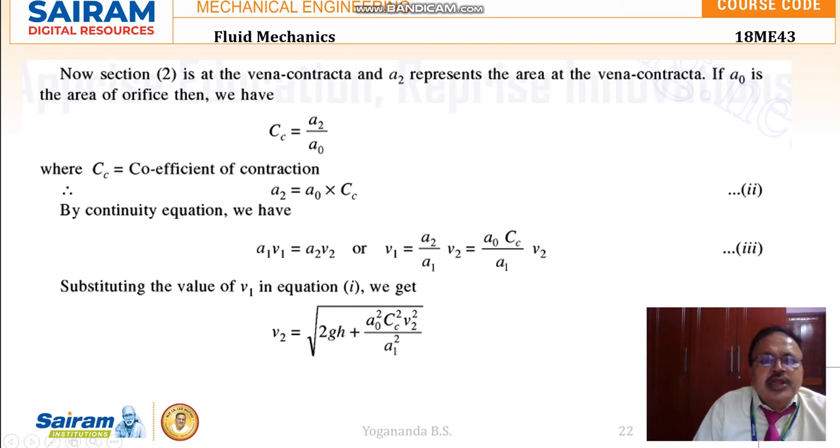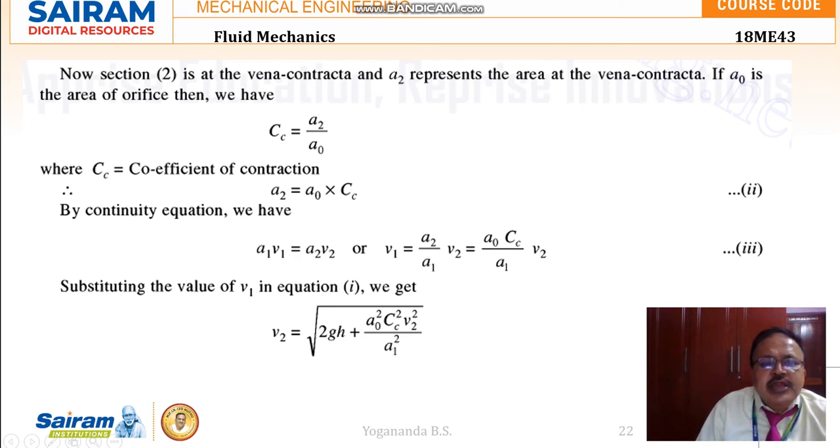So we have the continuity equation A1 V1 is equal to A2 V2. So from this we can write V1 as A2 V2 divided by A1. So rewriting V1 in terms of V2. So now we know A2 as A naught into Cc, that is substituted.